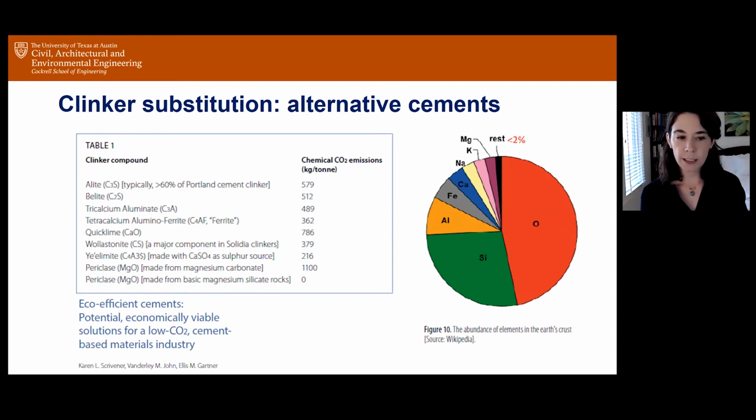So if we make a big change, we have to ensure that that change actually results in CO2 savings that warrant the change to the entire industry. So it's a bit of a tricky game. So there's a lot of research opportunity in this particular area as well.